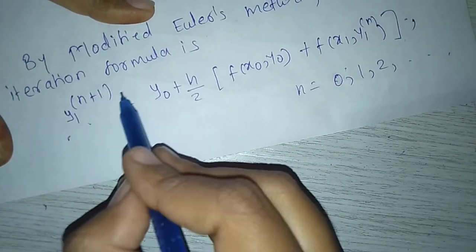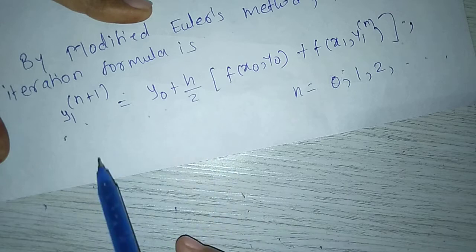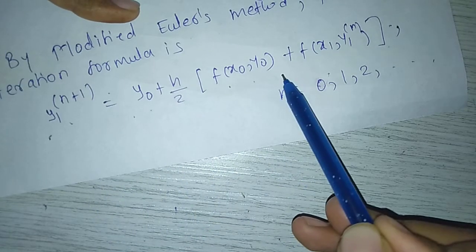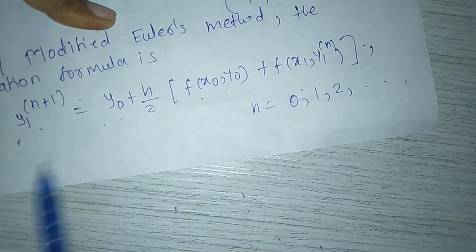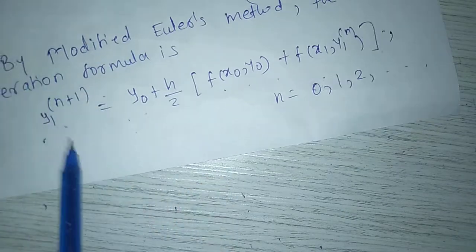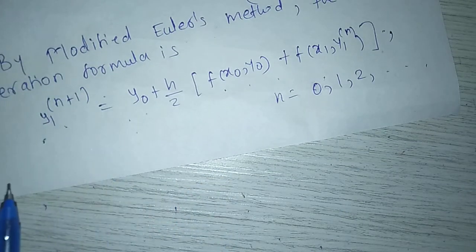This is nothing but the n plus 1th approximation value of y1.